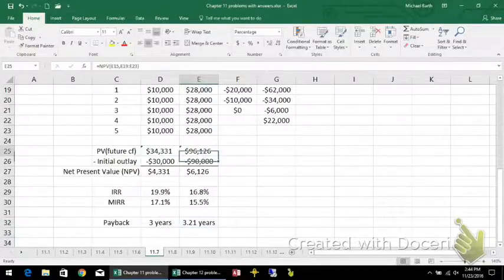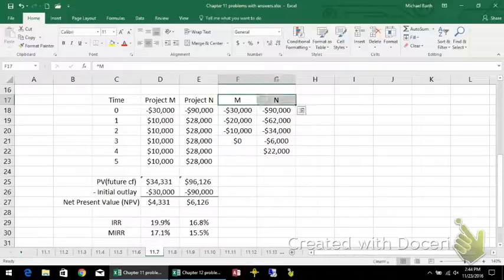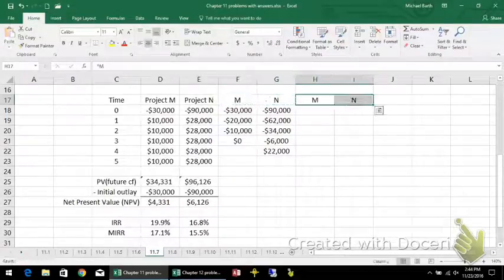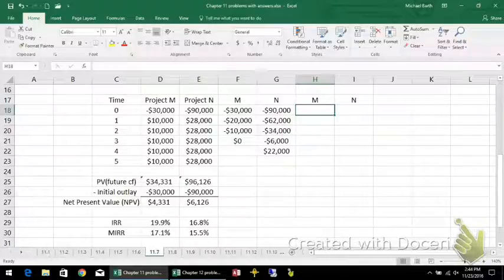All right, to do the discounted payback, rather than using the actual or nominal cash flows, I use the present value of the cash flows.